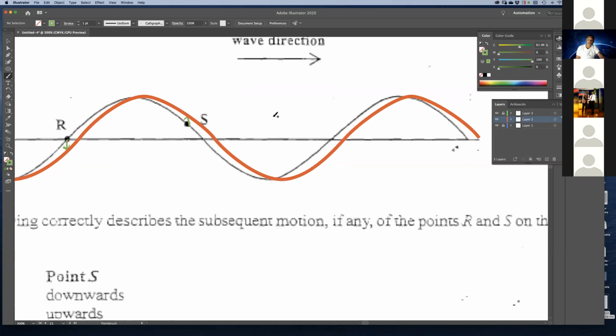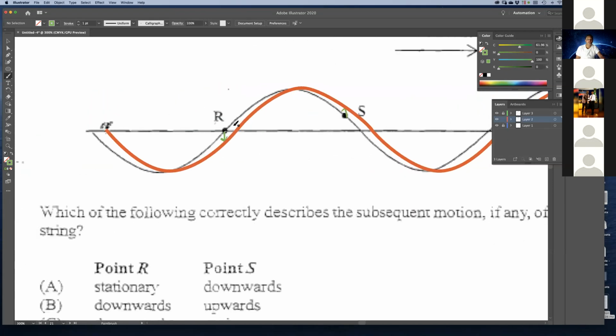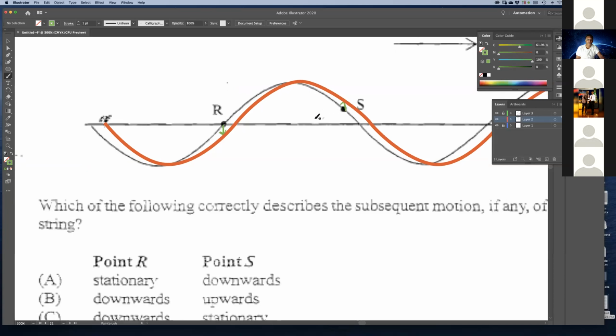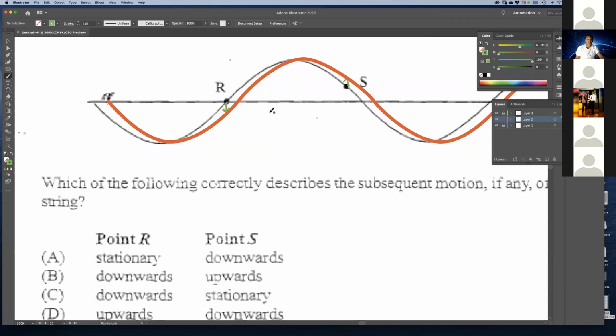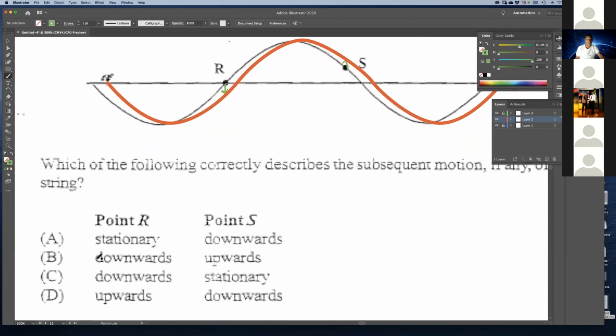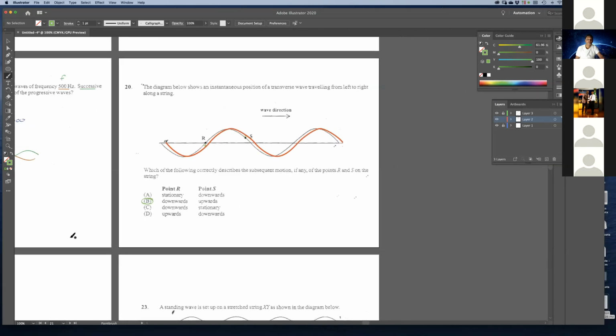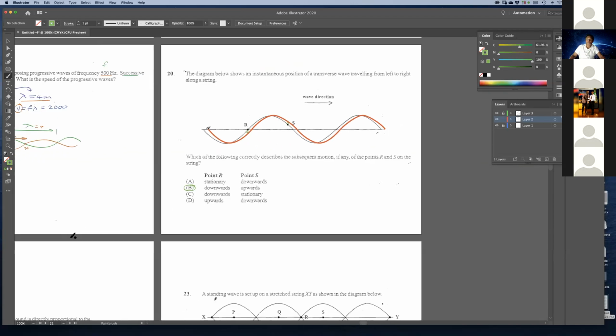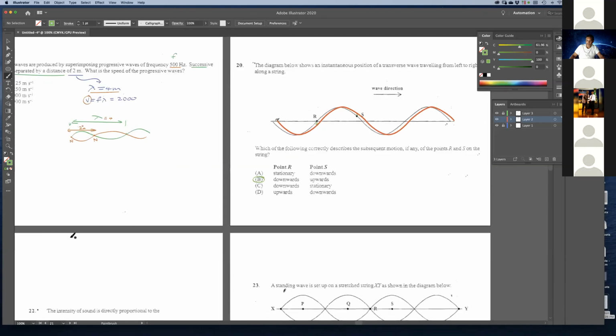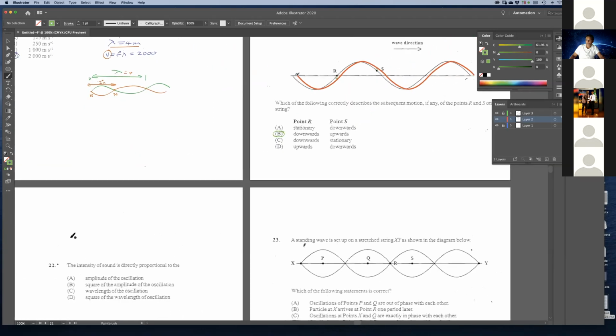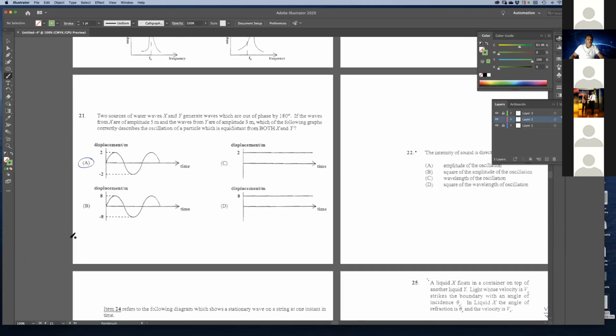At that instant in time, R is moving down and S is moving up. Neither of them is stationary. So the answer is B. We good? Yes, sir. Right. Next question.